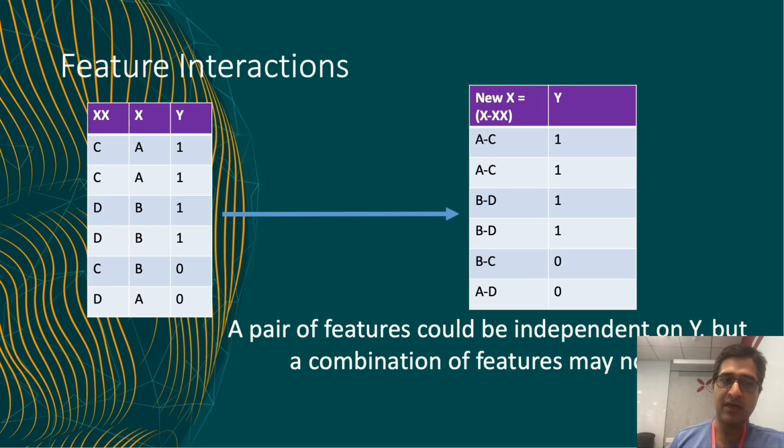Individually, these two variables are not predictive of y, but when combined in this format, a minus c and b minus d, for example, when the values of the new variable are a minus c and b minus d, you would see that y comes out to be 1, otherwise it's always 0. Now, the filtering methods are unable to discover this, so that's their shortcoming in being able to give you the best models.